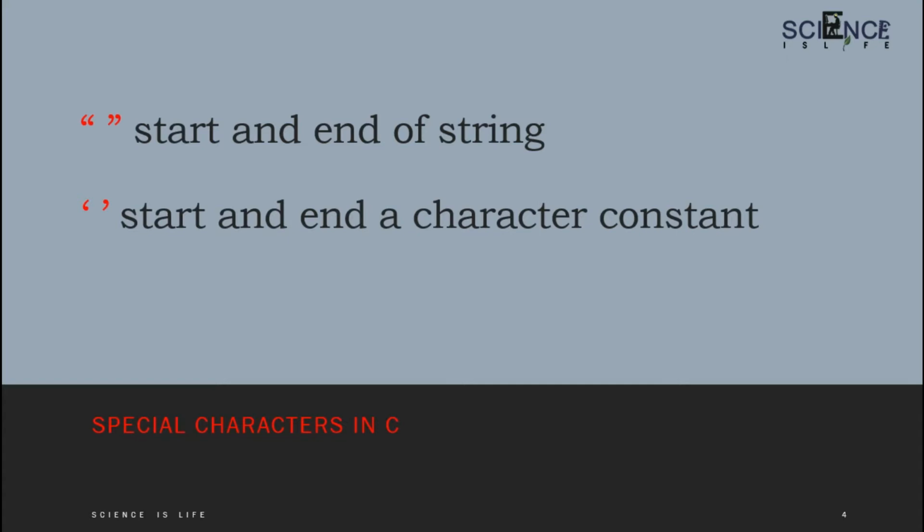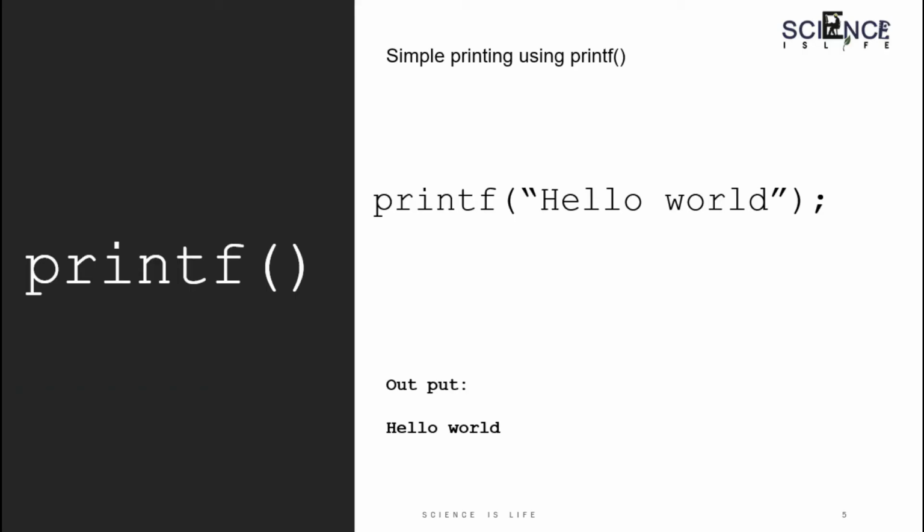So we can easily print a string using the printf function, because if we mention something within double quotations inside printf, then it will print that string. So if we code something like printf hello world, then we will have an output in the console screen like hello world, right?